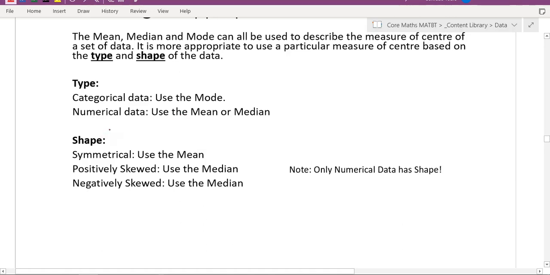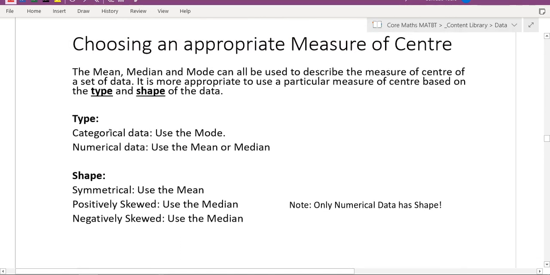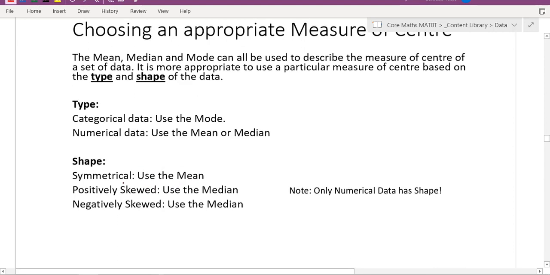But when it comes to using the most appropriate measure of center, you have to look at the shape of it. What is the shape of the data that you're looking at? If your shape is approximately symmetrical, then mean is really good. If it's symmetrical, you should use the mean. But if your data is either positively or negatively skewed, then you have to use the median.